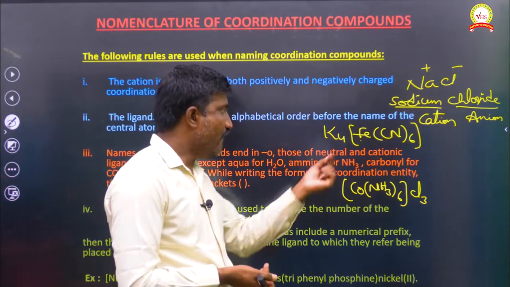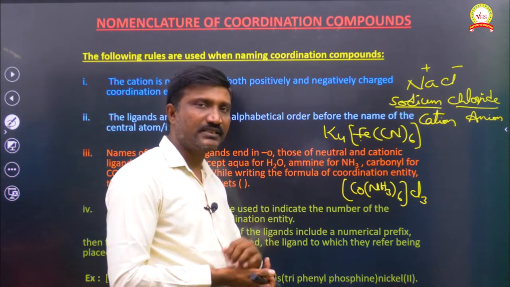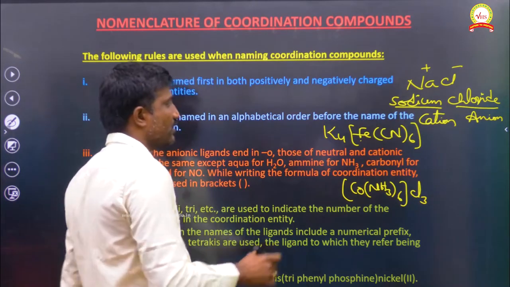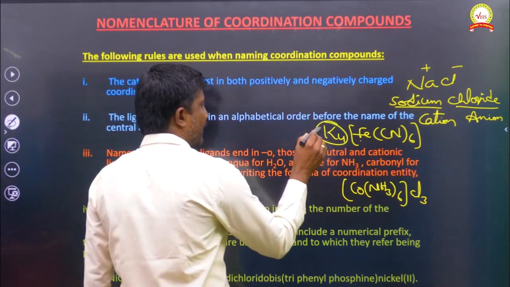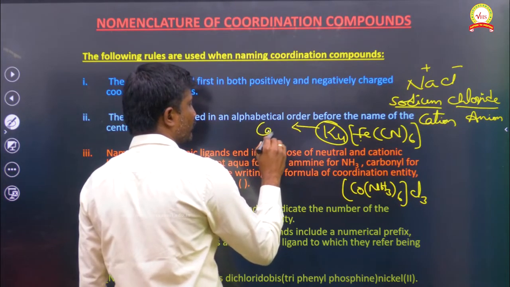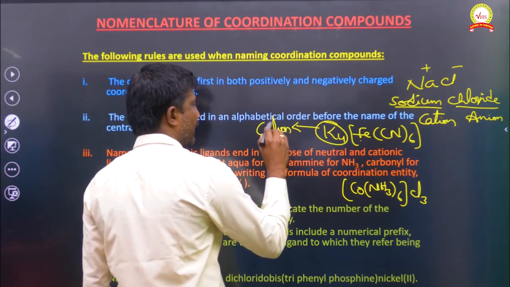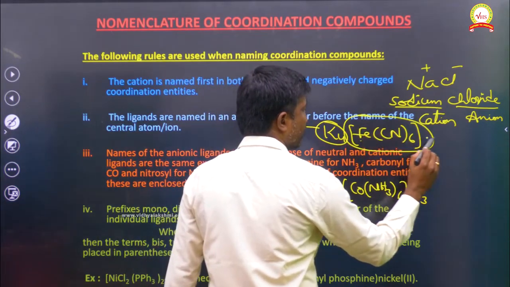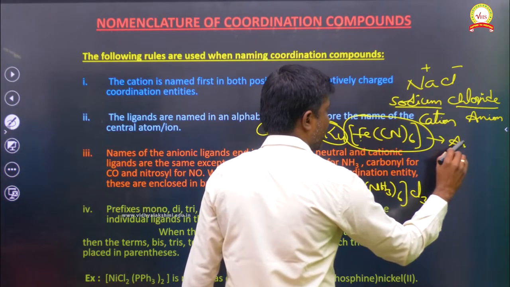In this one, the counter ions present on the left side of the square bracket behave as cations, so the entire coordination sphere acts as the anion.